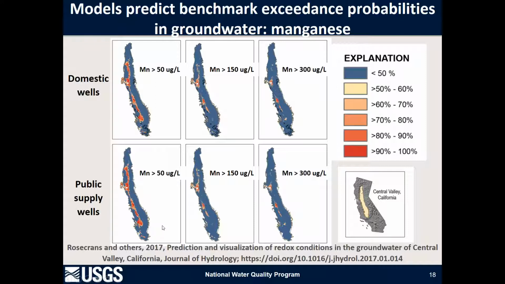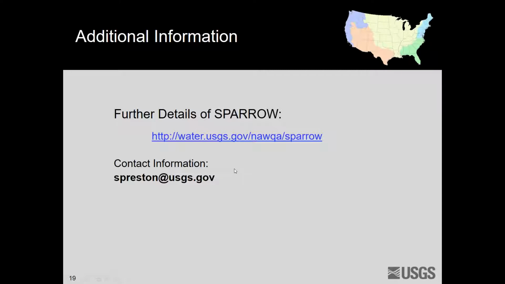And you can see where exceeding benchmarks has a relatively high probability throughout that region. I'd recommend going to this publication if you want more details. That is available now. And that's all I'll say.